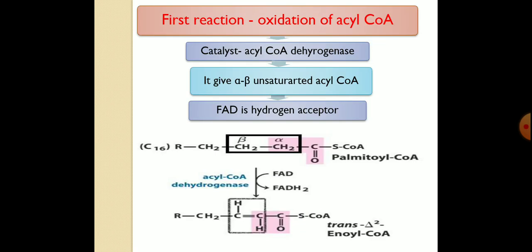So first reaction is oxidation of acyl coenzyme A. The reaction is catalyzed by enzyme acyl coenzyme A dehydrogenase. It gives alpha-beta unsaturated acyl coenzyme A, which is also known as trans delta 2 enoyl coenzyme A. FAD acts as hydrogen acceptor.